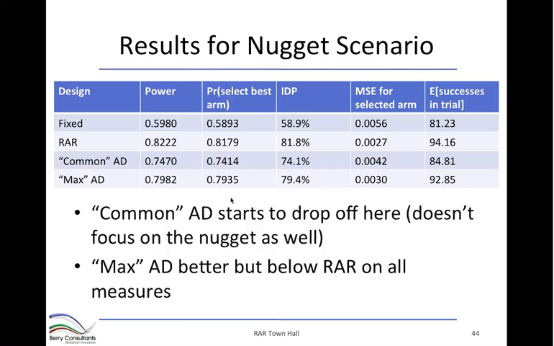So for our simulations, the way I did type 1 error control, I took the null, I did 100,000 simulations, and I picked a threshold I thought might be good. Then I looked at those 100,000 trials and saw the final posterior probability for all 100,000.